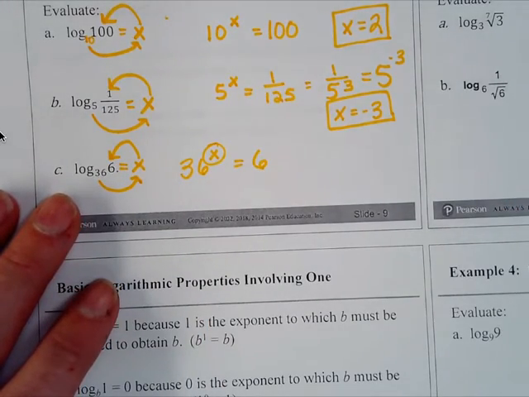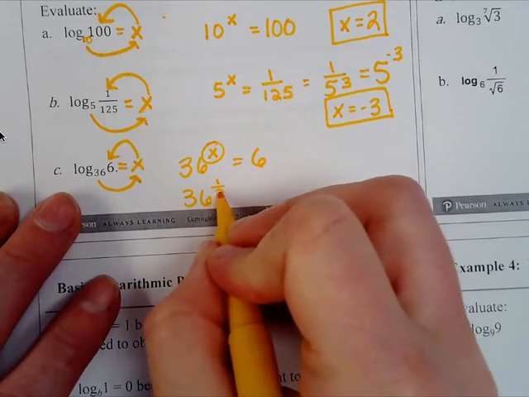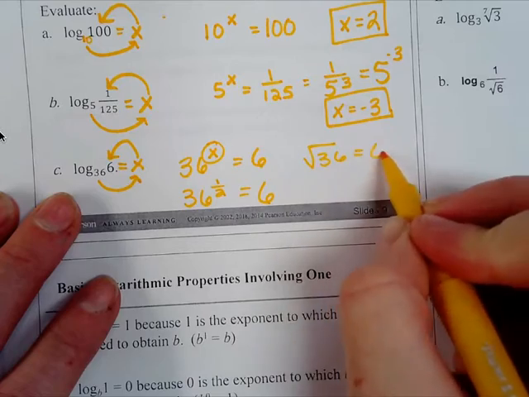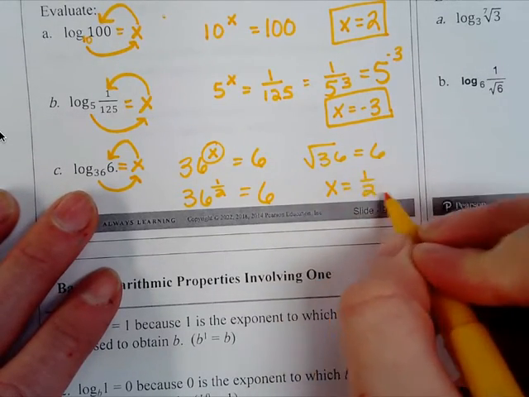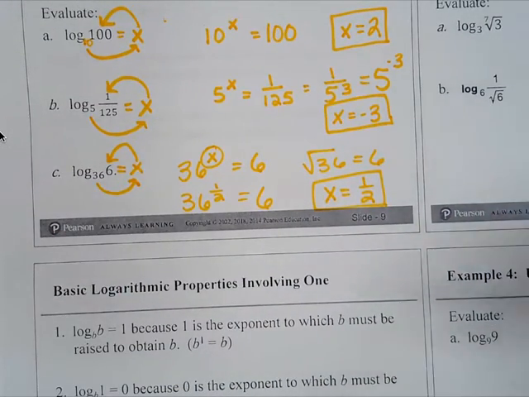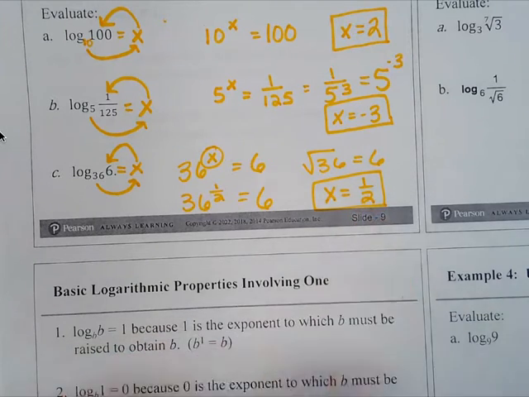To the half, because that's like square rooting it. So 36 to the half power gives us 6 because it's the square root of 36. So then x equals half. Whenever you do this on Pearson, you'll just write the solution. You'll say equals half because it's not written as an equation.